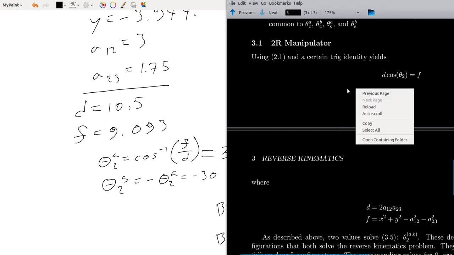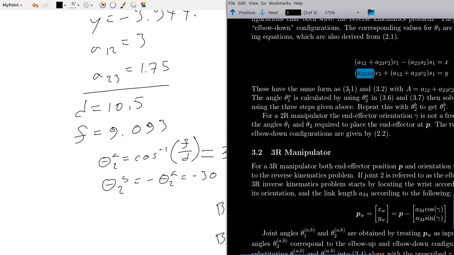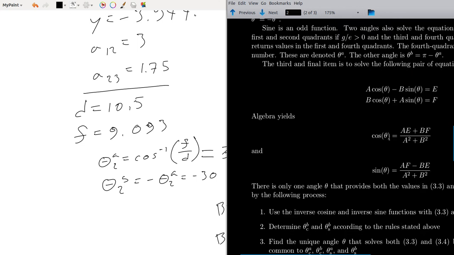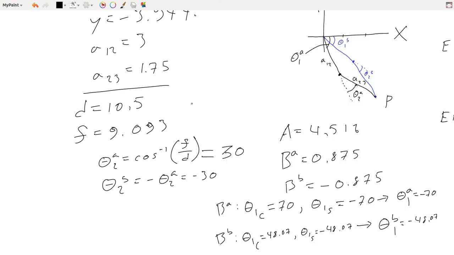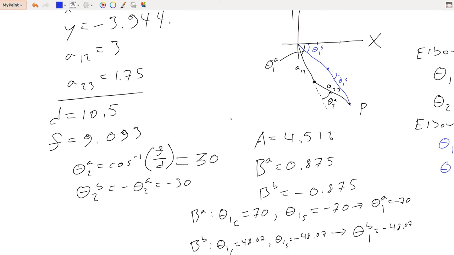Then we used these two equations, which have the form of this here, and we solved for theta 1a using theta 2a, and theta 1b using theta 2b. And so that gave us the inverse kinematics solution.